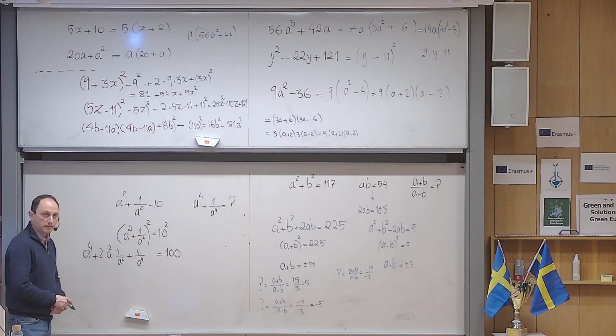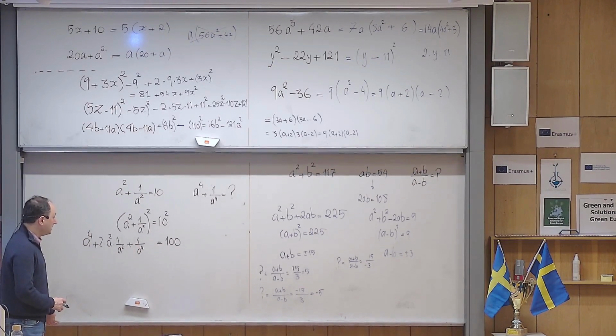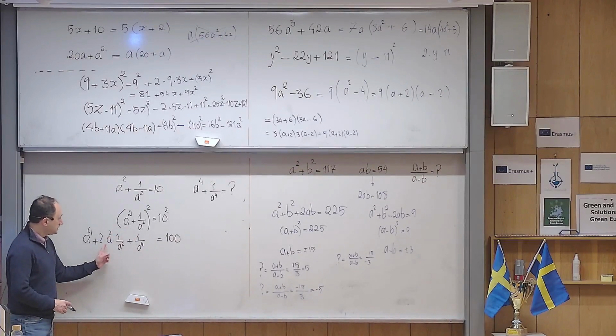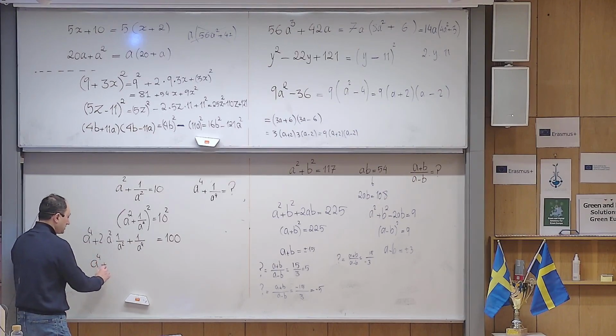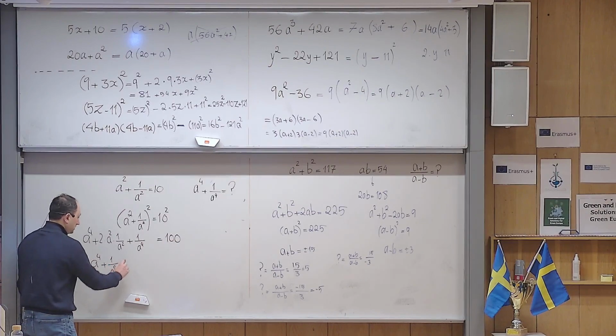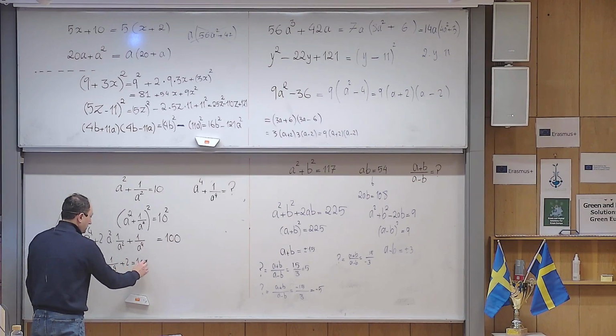Yes? Okay, but then the interesting thing of this combination is that a squared and 1 over a squared simplify, and it becomes 2. So this becomes a to the 4th, plus 1 over a to the 4th, plus 2 is equal to 100.